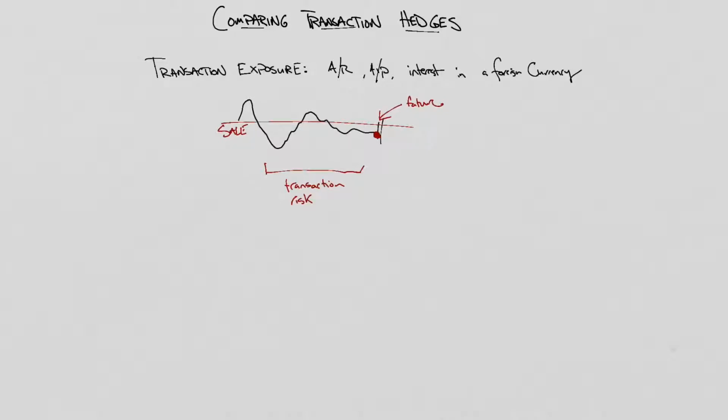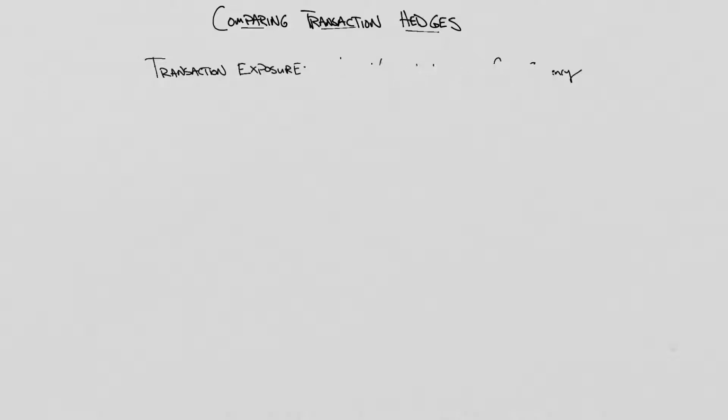So there are three different ways which we can eliminate foreign currency risk, where we can eliminate our transaction exposure. There's the options market hedge. We can use options to hedge our exposure. There's the money market hedge.